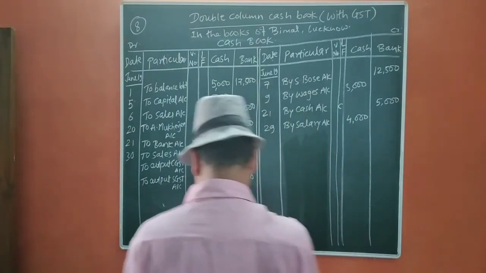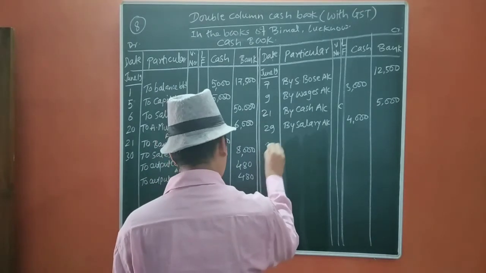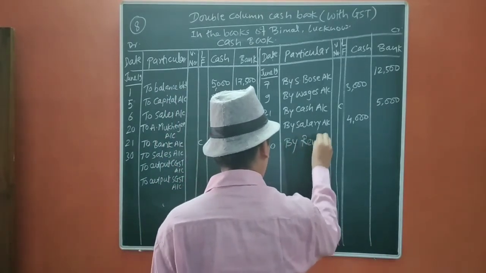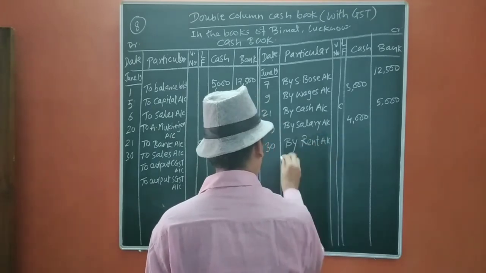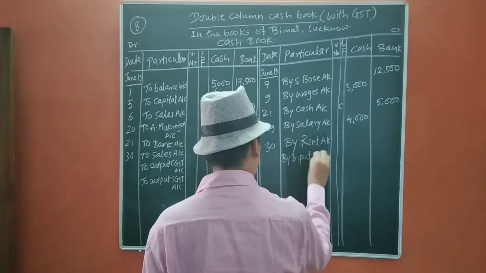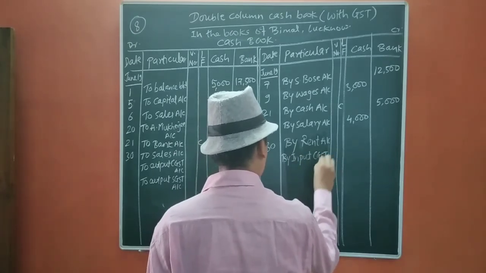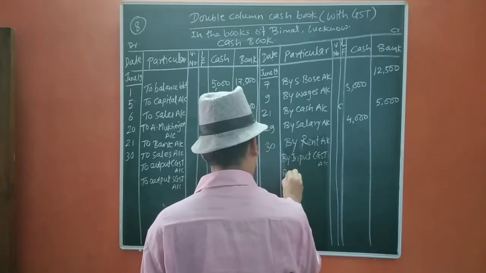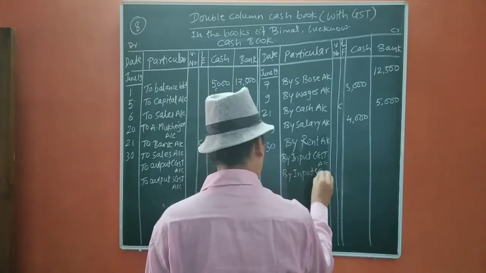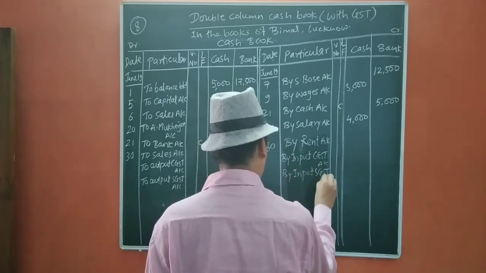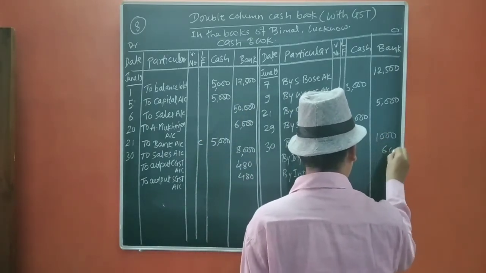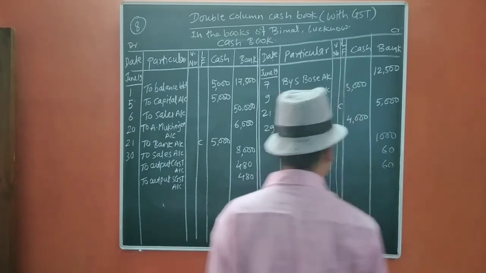Now I am going to remove this one. So let us start. 30 by rent account, by input CGST account, by input SGST account. Okay, so it is going to be 1,000, 60, 60.